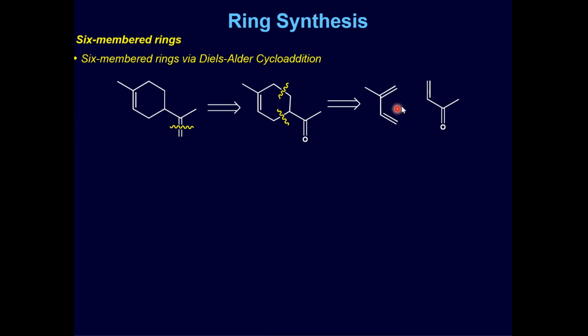A diene and a dienophile react together to give a Diels-Alder adduct. That is the Diels-Alder cycloaddition reaction. This is a classical example of a pericyclic addition reaction.